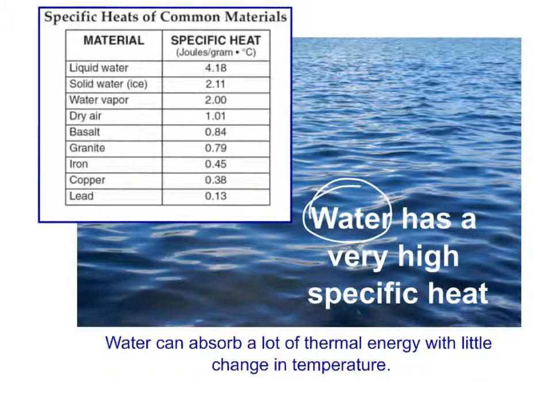Water can absorb a lot of thermal energy and change very little in temperature. Think about the implications of that for life on Earth, not just for organisms, but environments as well. And think about how this impacts coastal environments versus inland environments.